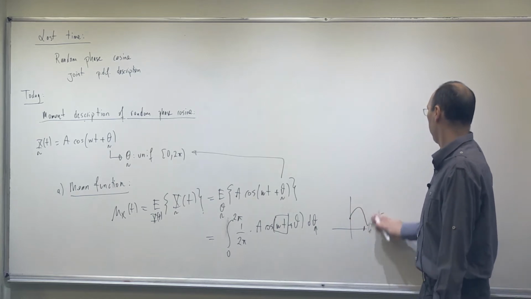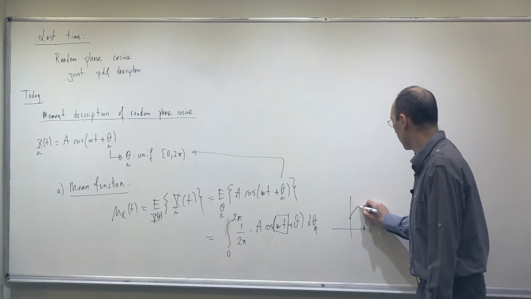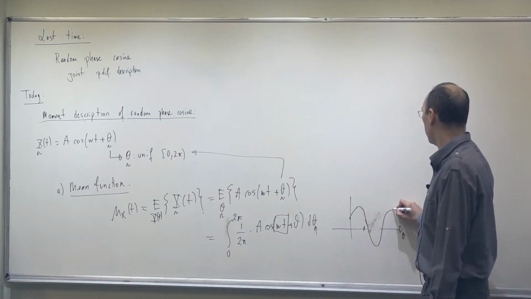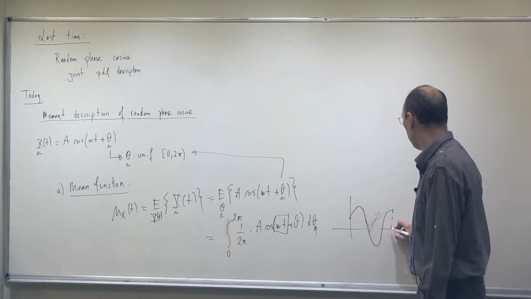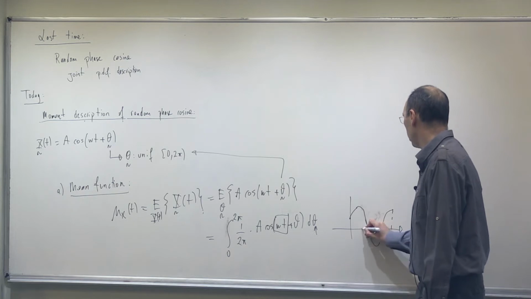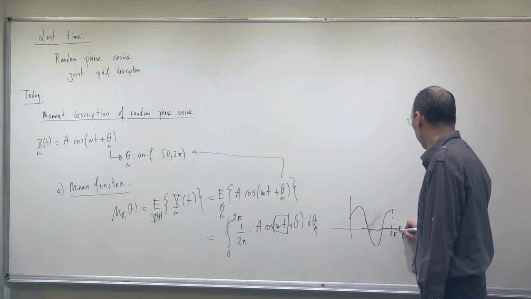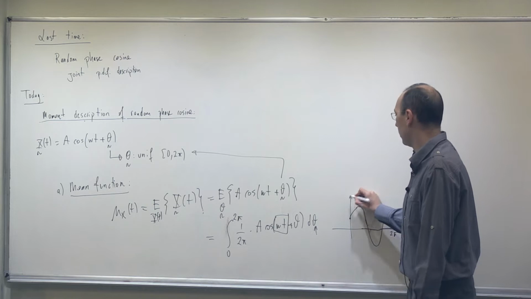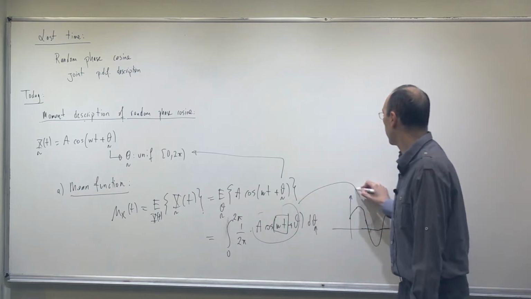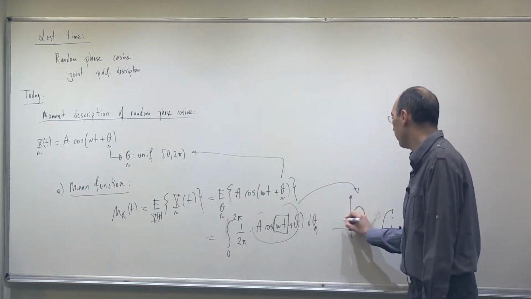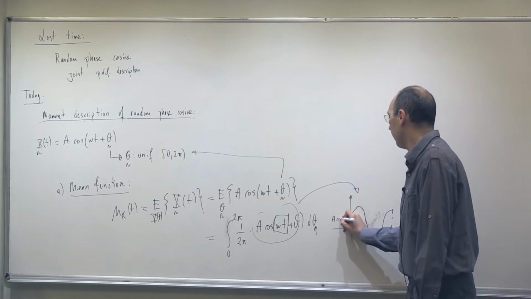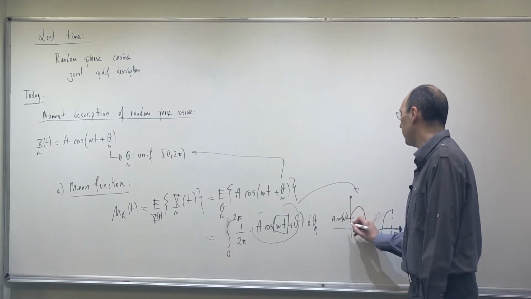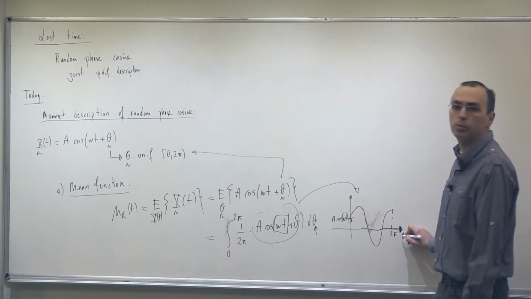and then it just comes up to this same value in 0 to 2 pi. So it starts from, let's say, a cosine omega t at this point when theta is equal to 0.